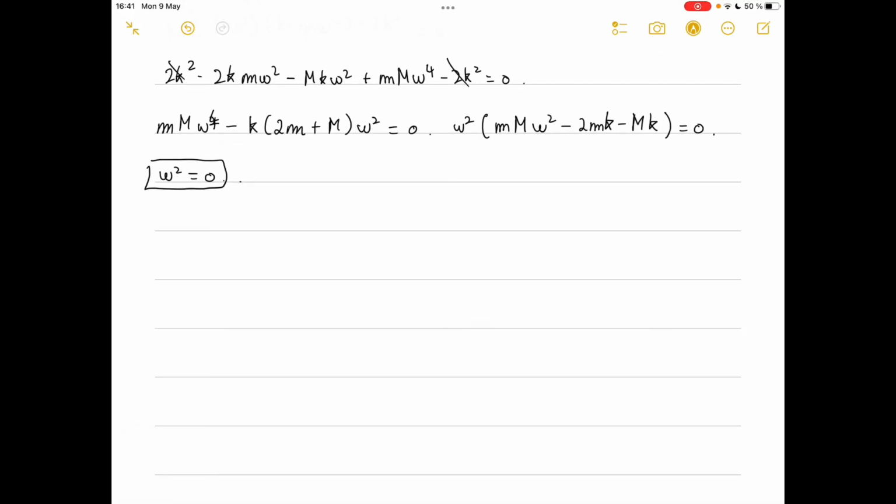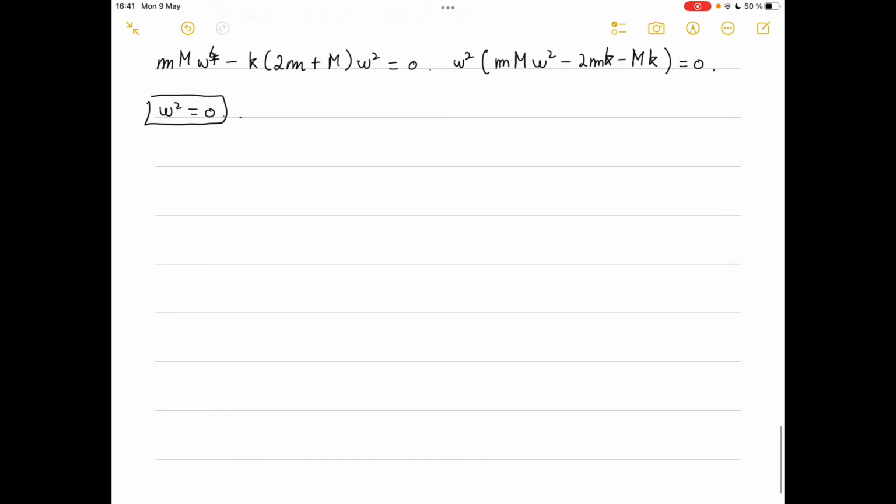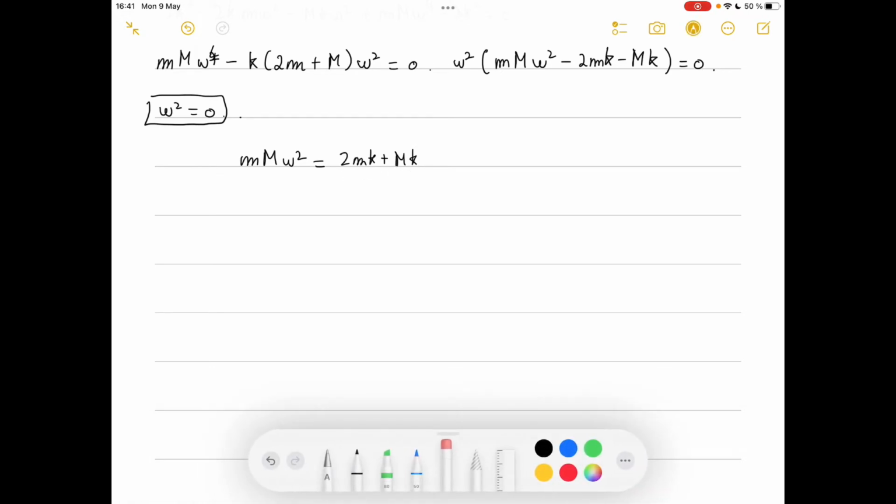And finally, we have another quadratic equation: m omega squared equals 2mk plus mk. Sorry, there shouldn't be any fraction there.